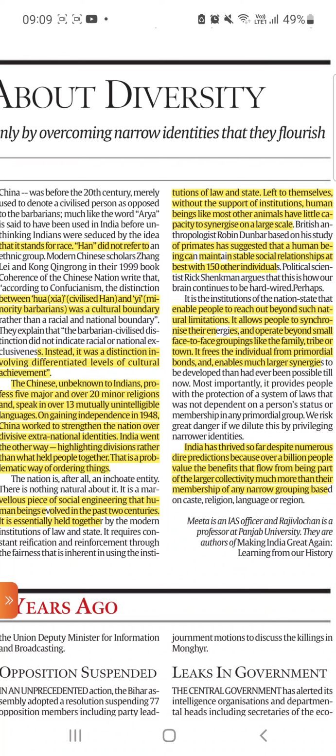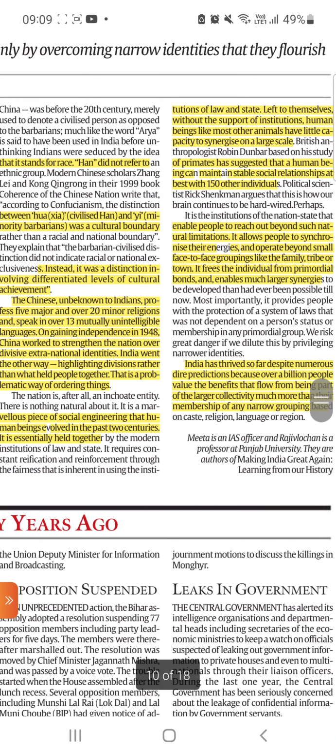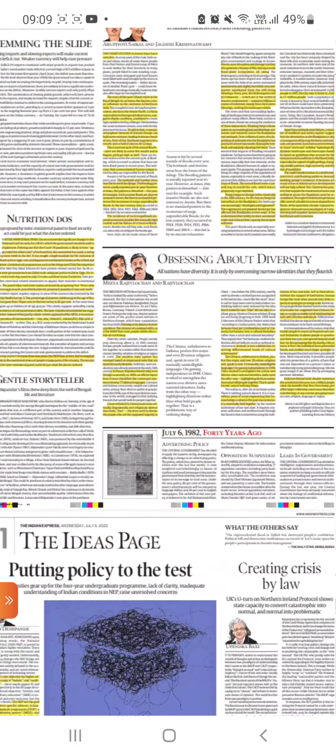It frees the individual from primordial bonds and enables much larger synergies to be developed than had ever been possible till now. India has thrived so far despite the numerous predictions because over a billion people value the benefits that flow from being part of the larger collective much more than their membership of any narrow groupings based on caste, religion, language, or region.